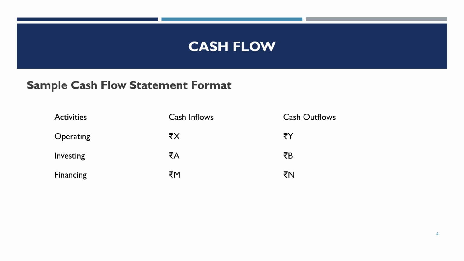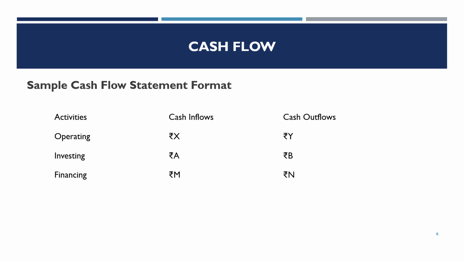So let's say under the activity of operating, X rupees is cash inflows. This money is coming to the company. Y rupees is cash outflows. Outflows means the money has to be paid, it means outgoing. Similarly, in the category of investing, the cash inflows are A rupees and cash outflows are B rupees.